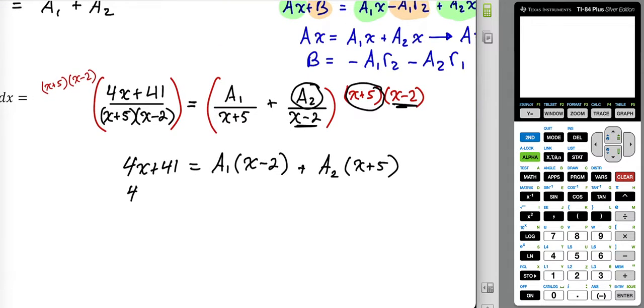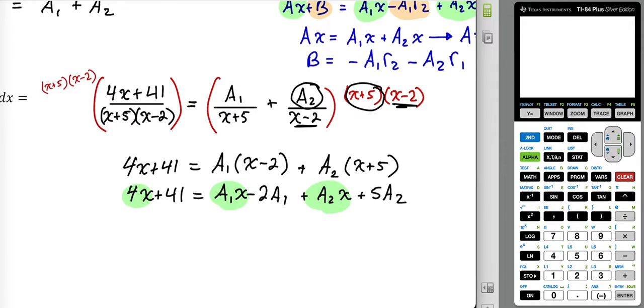So 4x plus 41 is equal to a1x minus 2a1 plus a2x plus 5a2. Anything that's got an x can be equated. So 4x is equal to a1x plus a2x, which tells me that 4 is going to be the sum of a1 and a2.